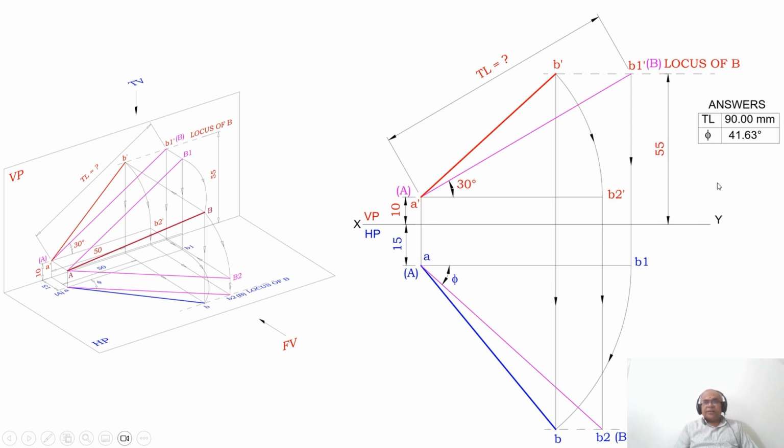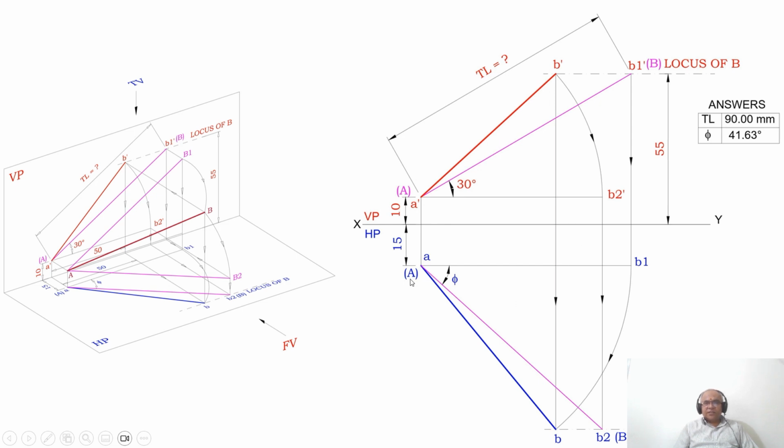I need to get that. So from B2 dash, you draw a vertical projector such that it cuts the locus of B in the top view. Just beneath that you get B2, and you mark that point as B2. Since it is parallel to XY in the front view, obviously in the top view it is in true length.